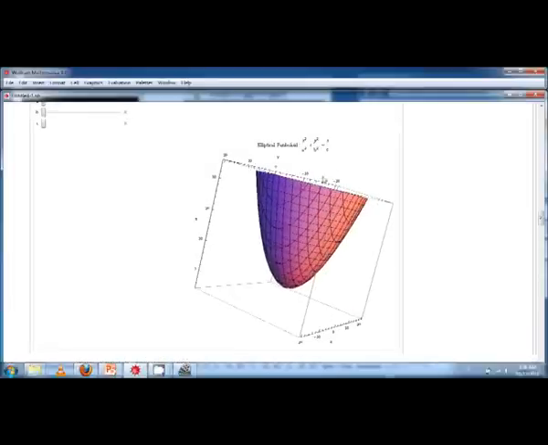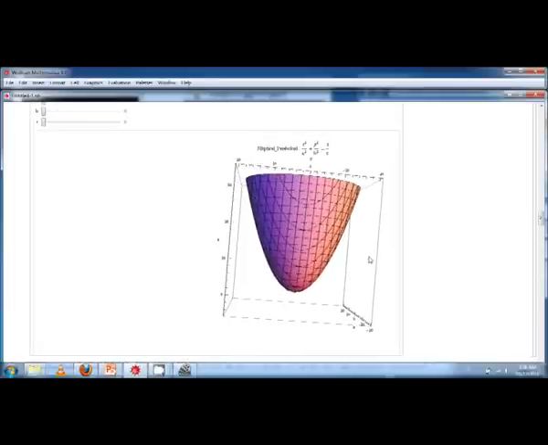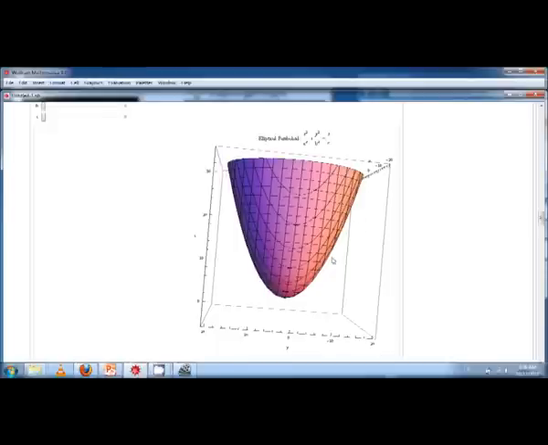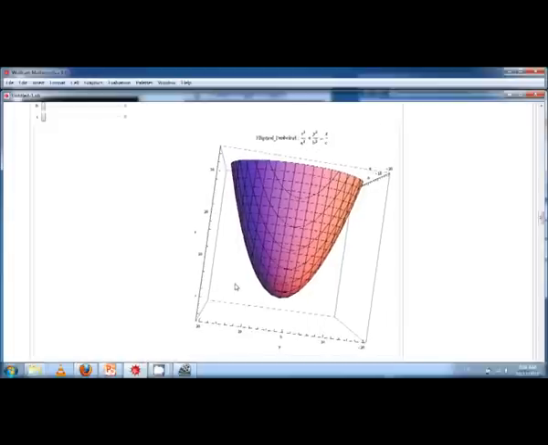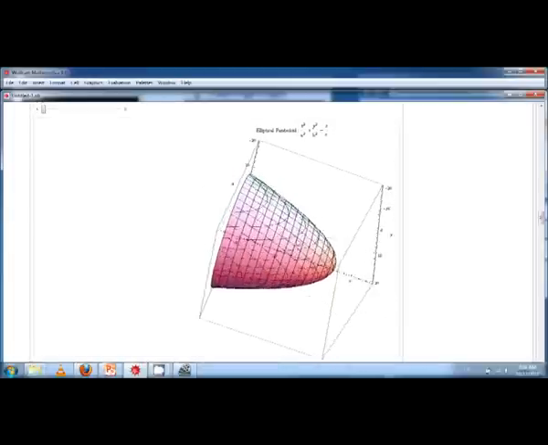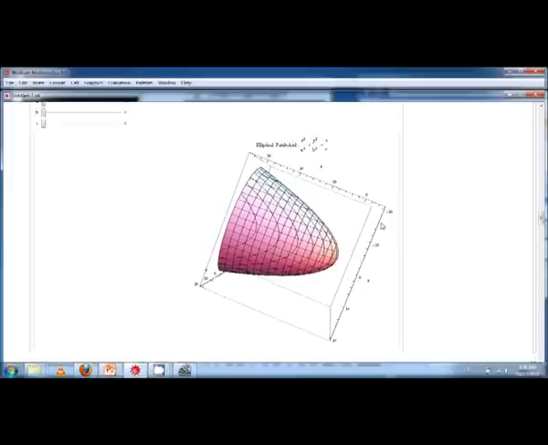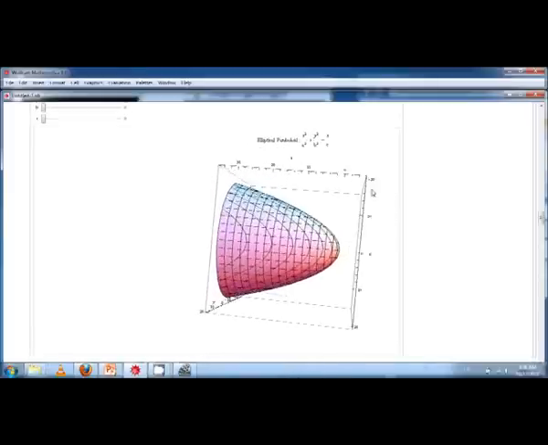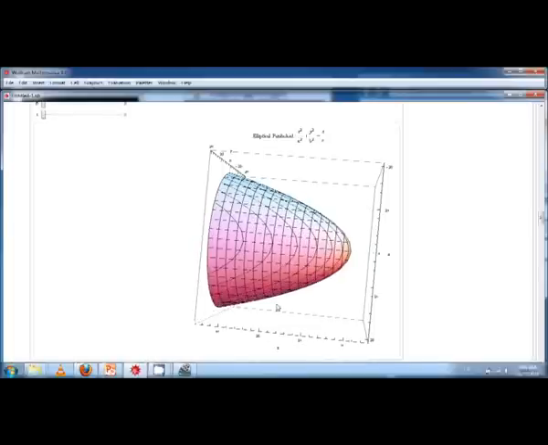For the yz trace, we see that this forms a parabola. For the xz trace, we find that this graph forms another parabola.